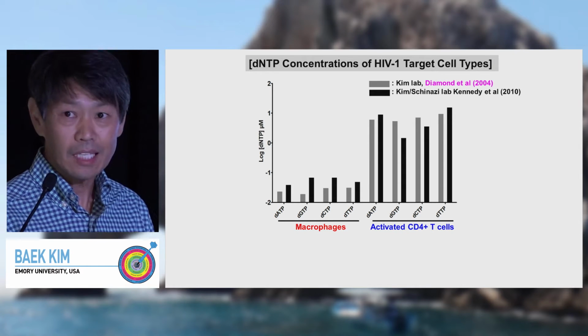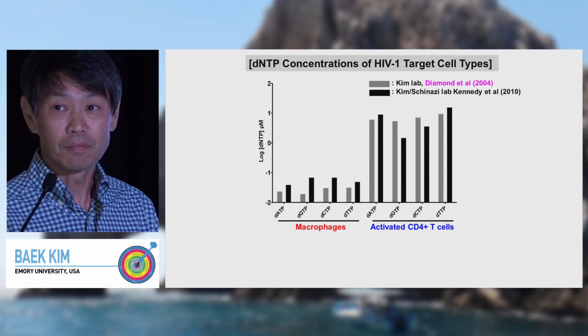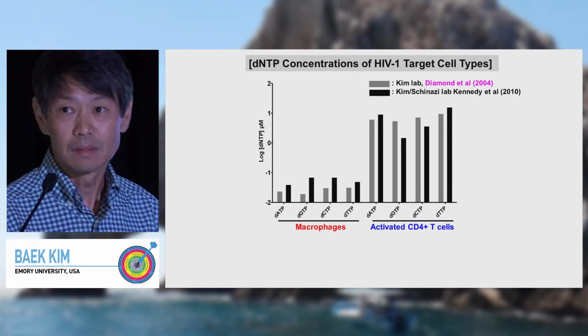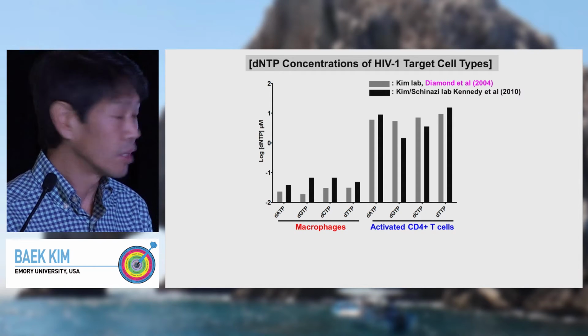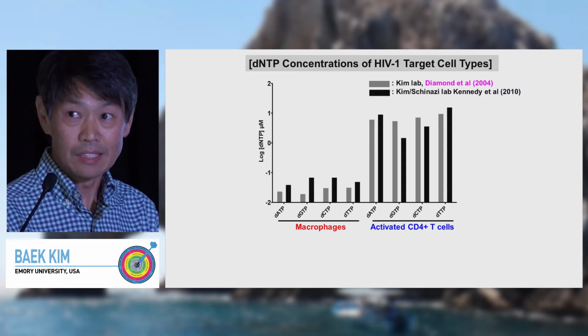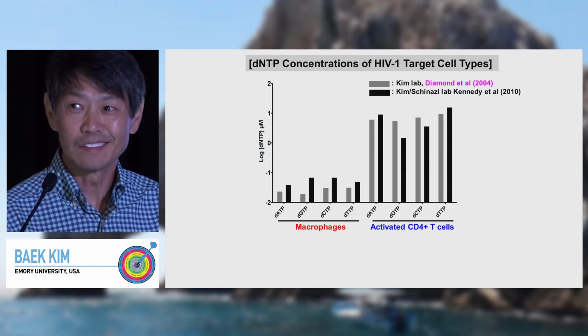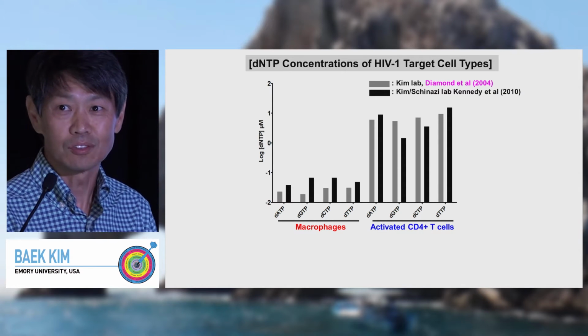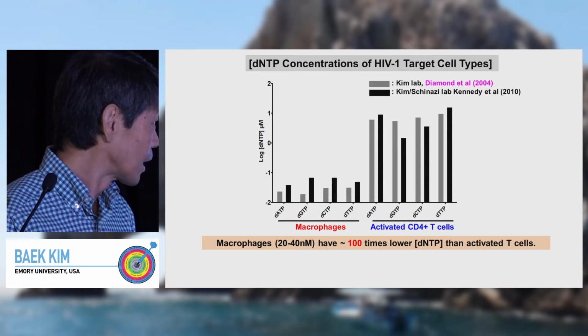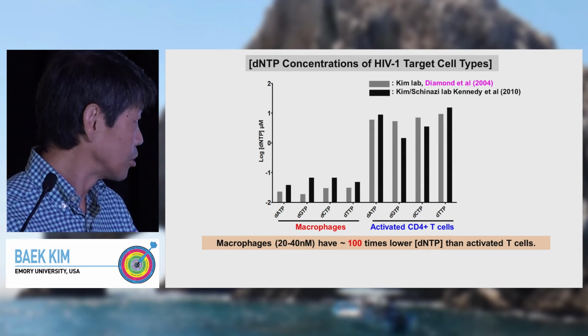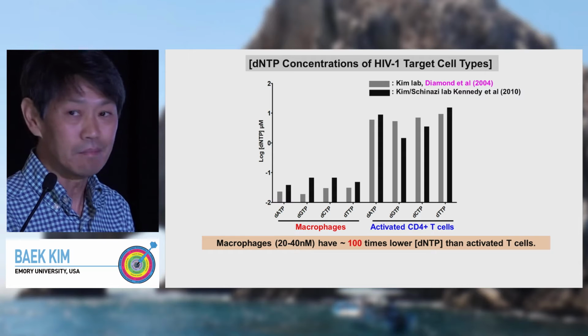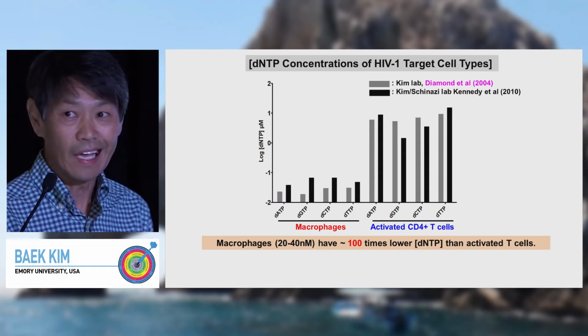And indeed, activated CD4 T cells have about 100-fold higher dNTP concentration than macrophages. It's not really surprising because we predicted that non-dividing cells should have a low dNTP concentration. But we were actually surprised by the actual concentration of dNTP in macrophages, that's 20 to 40 nanomolar.